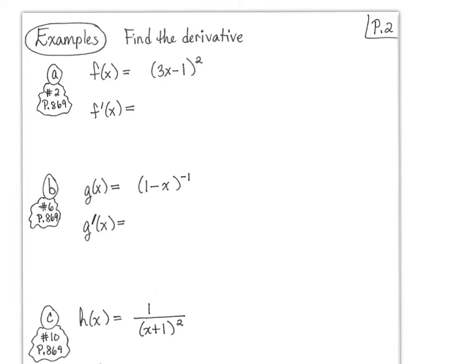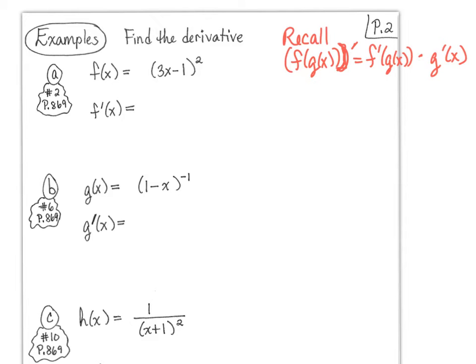Okay, so let's recall that f of g of x prime is equal to f prime of g of x times g prime of x. Okay? So, what is our outer function here? Yes. The squaring function. Very good.